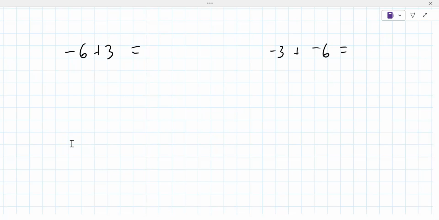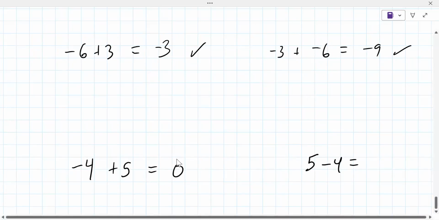Negative 6 is further from 0, therefore it's negative. And then 6 minus 3 would be negative 3. And then negative 3 plus negative 6, same sign, that would be negative 9. Correct. Good.